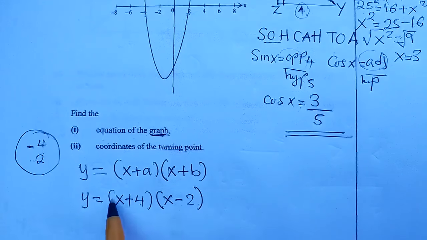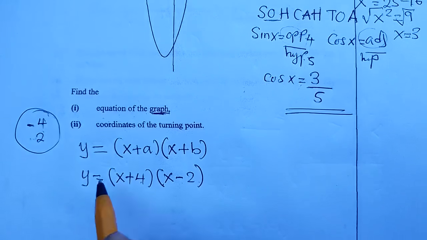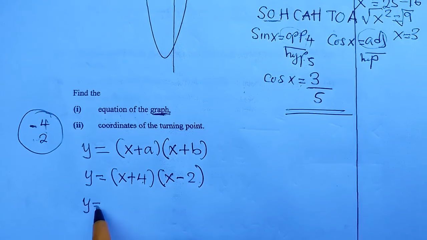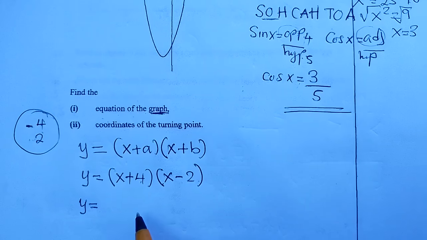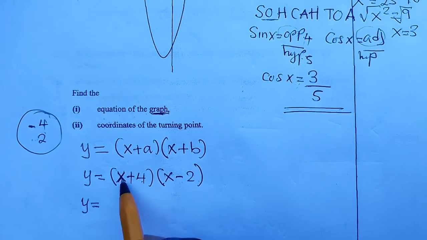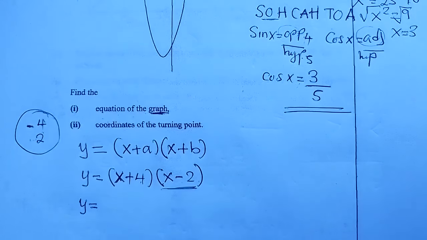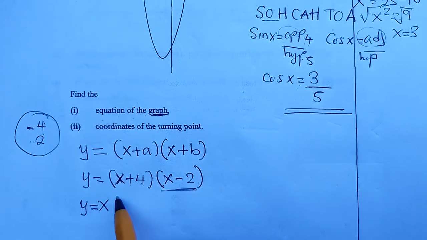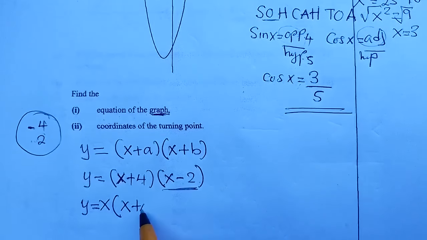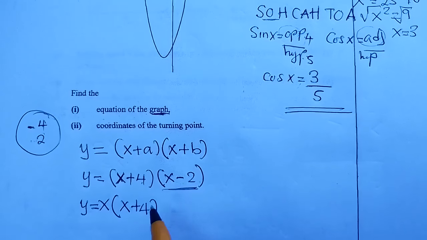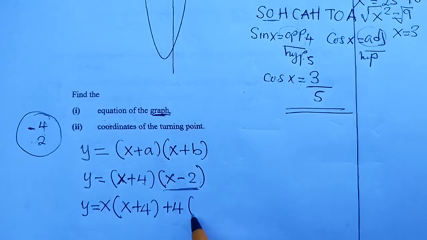Then I just expand. How do we expand? I say y is equal to, you get this one here, then you multiply it with everything on the other side. So you say x, then x plus 4, like this. Then plus 4, then x minus 2.